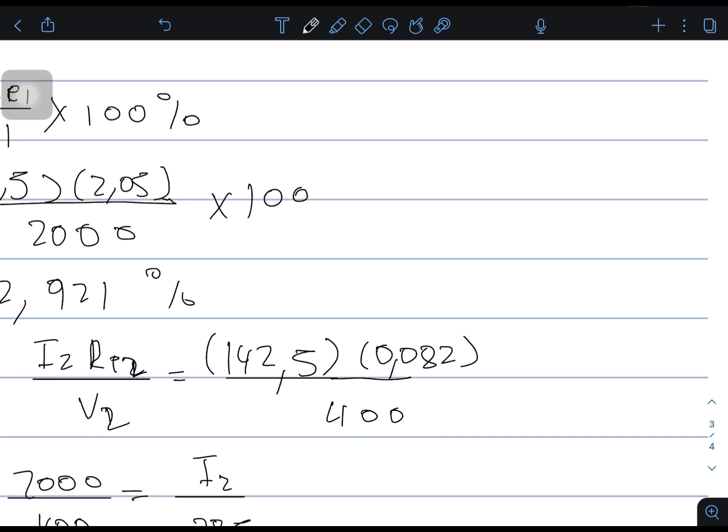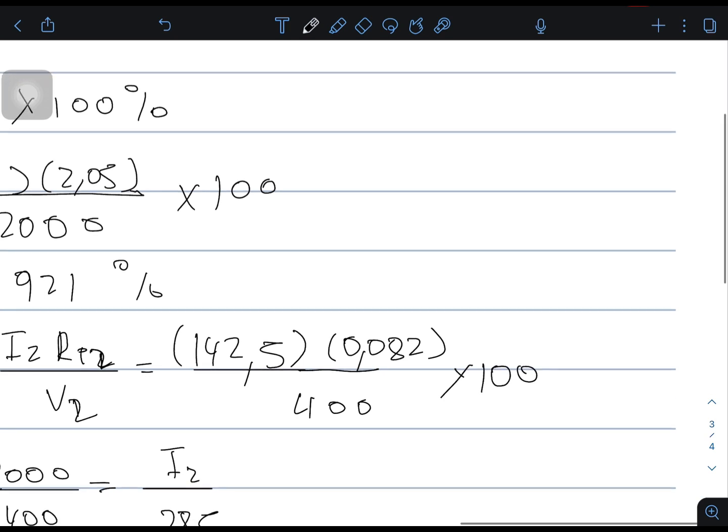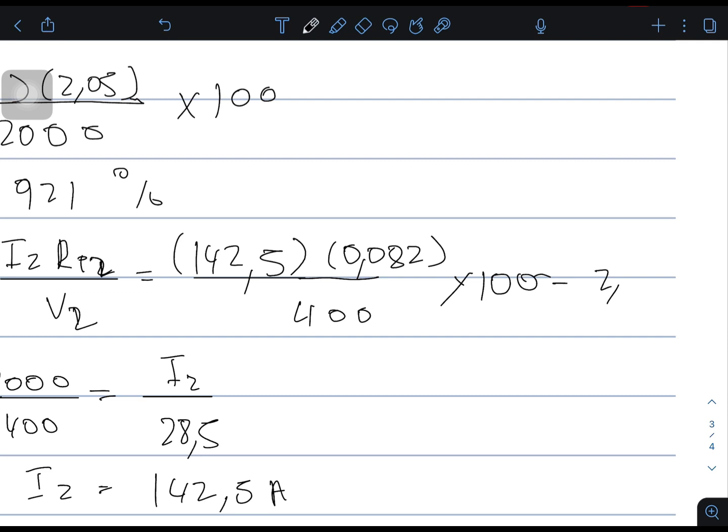Then let us punch in now: 142.5 times 0.082 over 400, times 100 because we want a percentage value. We end up with 2.921%.